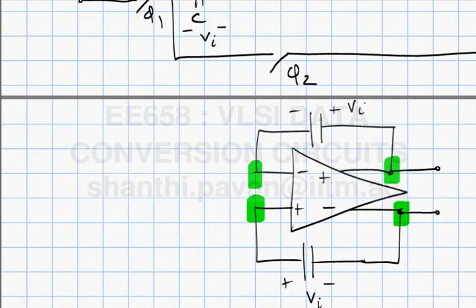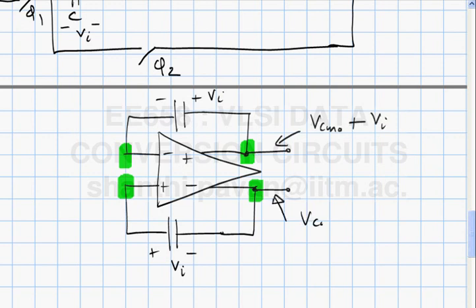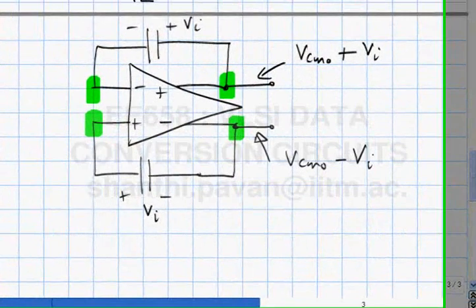But we know that the op amp will force the output common mode to be VCMO because of the common mode feedback loop, whose details I went into yesterday, right. So, the difference between these two node voltages must be 2 VI and the common mode must be VCMO. So, it follows that this voltage must be VCMO plus VI and this voltage must be VCMO minus VI.